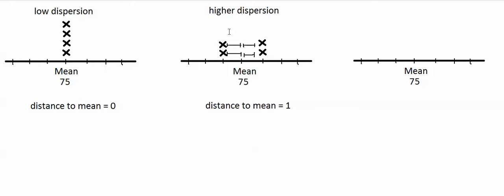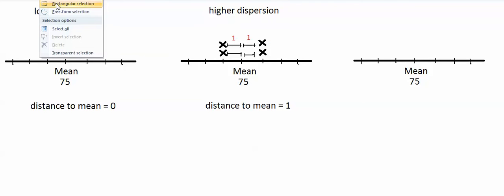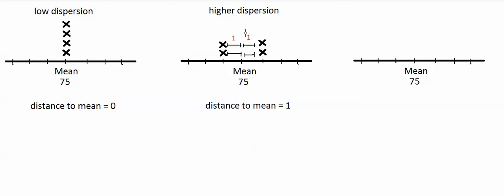Well, actually we'll leave off the signs, because if we leave off the signs, then they become absolute deviations. So each of these is a 1.